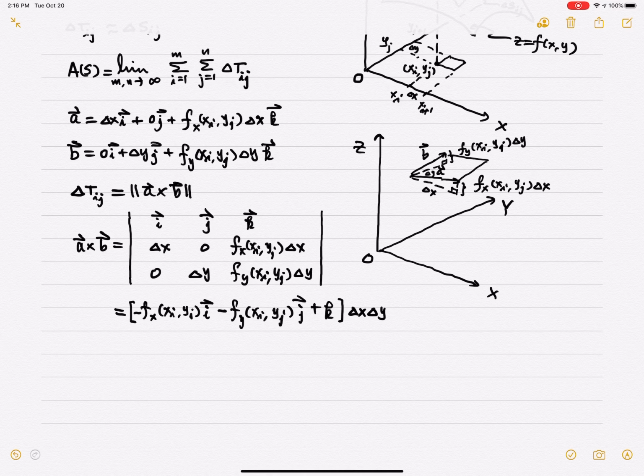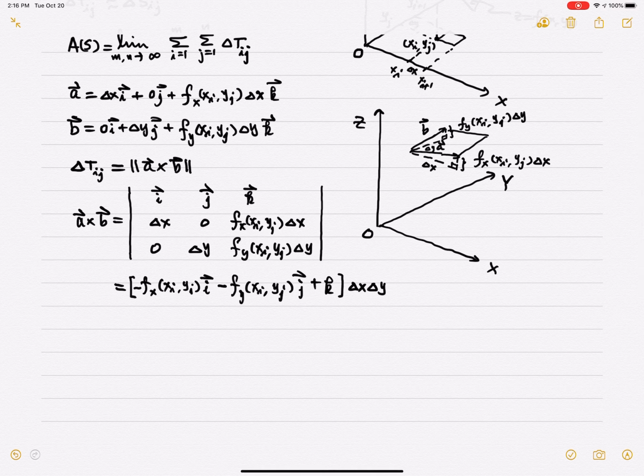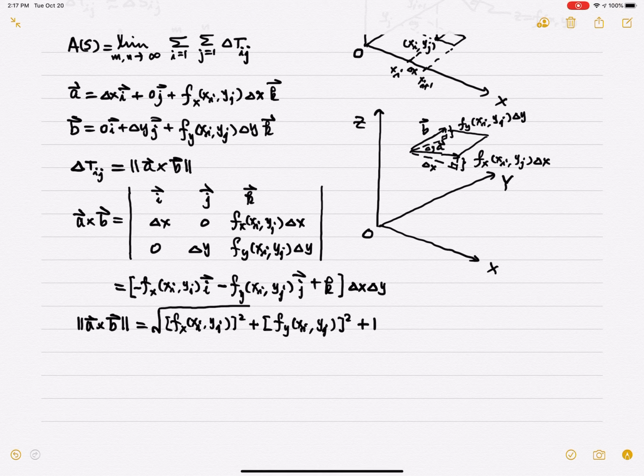Please verify this. Now the magnitude of A cross B is equal to the square root of the coefficient of i squared, so this is f sub x at x_i y_j, with or without the negative sign, it doesn't matter, plus f sub y at x_i y_j squared, and the coefficient of k is 1, 1 squared is 1, taking the square root.